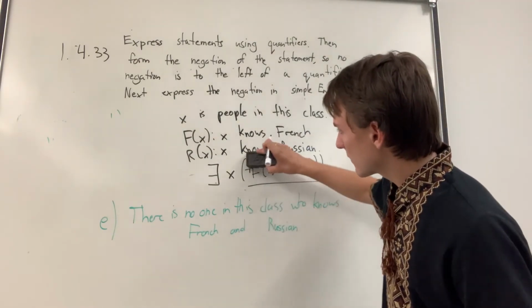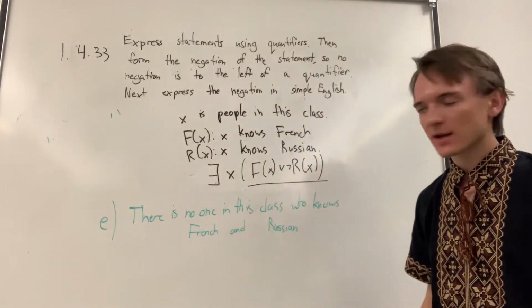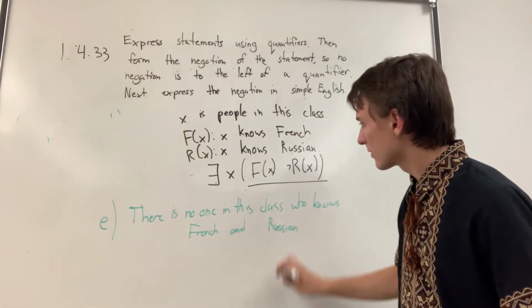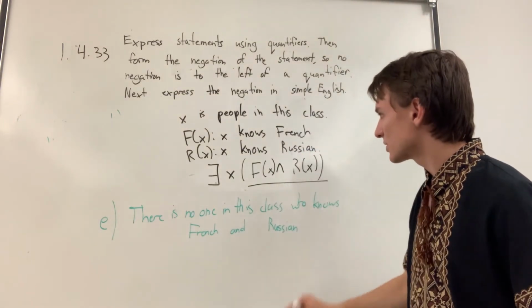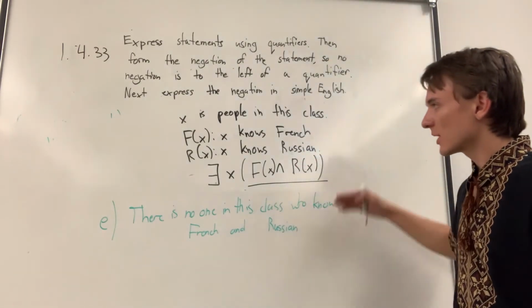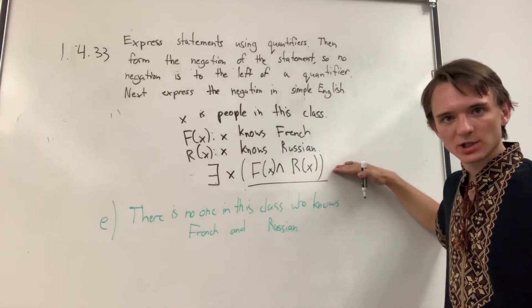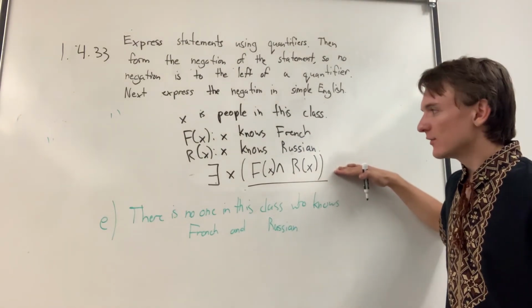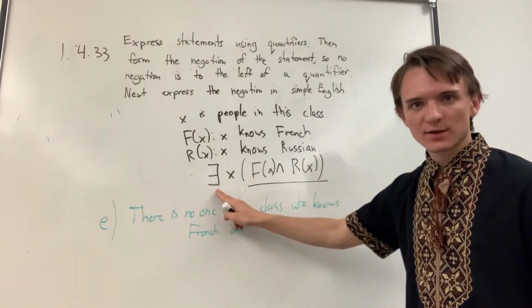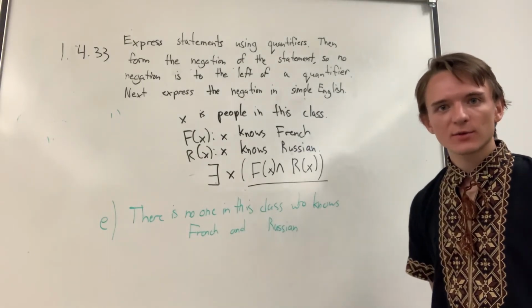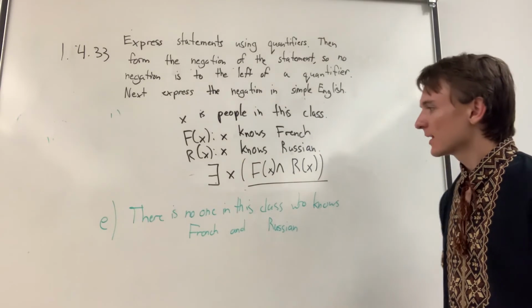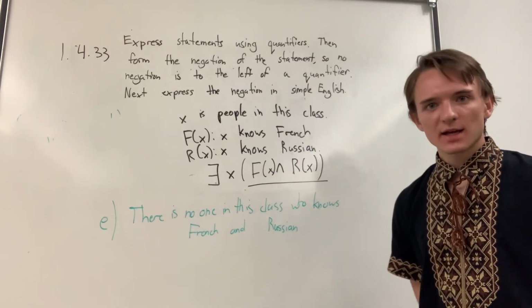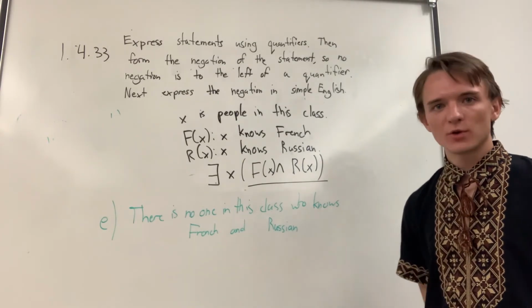So this negation of F of x becomes just an F of x. This or operator becomes an and operator. And this negation of R of x becomes just an R of x. And we can see that we're left with the same negation, even if we would have started with the existential quantifier. So we are left with the same solution, and in English it would read the same way. There exists someone in this class who knows French and who knows Russian.